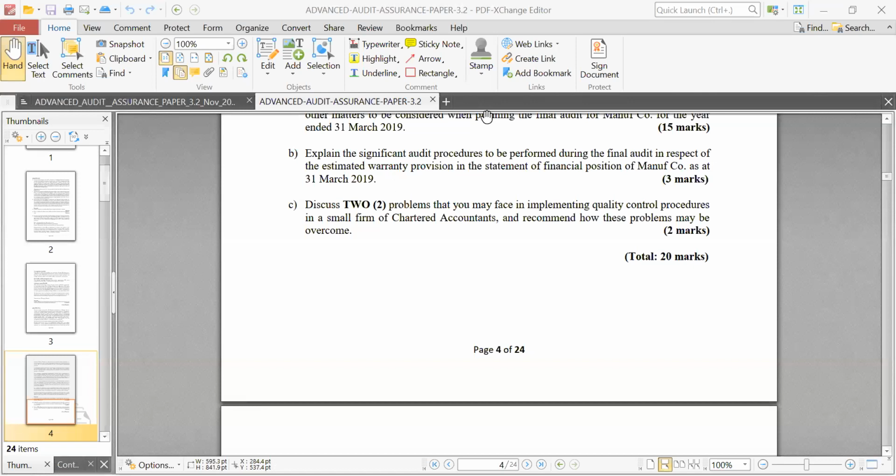Two, based on its understanding of the company's process of estimating warranty, the auditor could also do a recalculation of that provision based on its own understanding of how provision for warranty is supposed to be done. And if there is any difference between the two, they could further do an audit procedure to understand the reason for that difference.